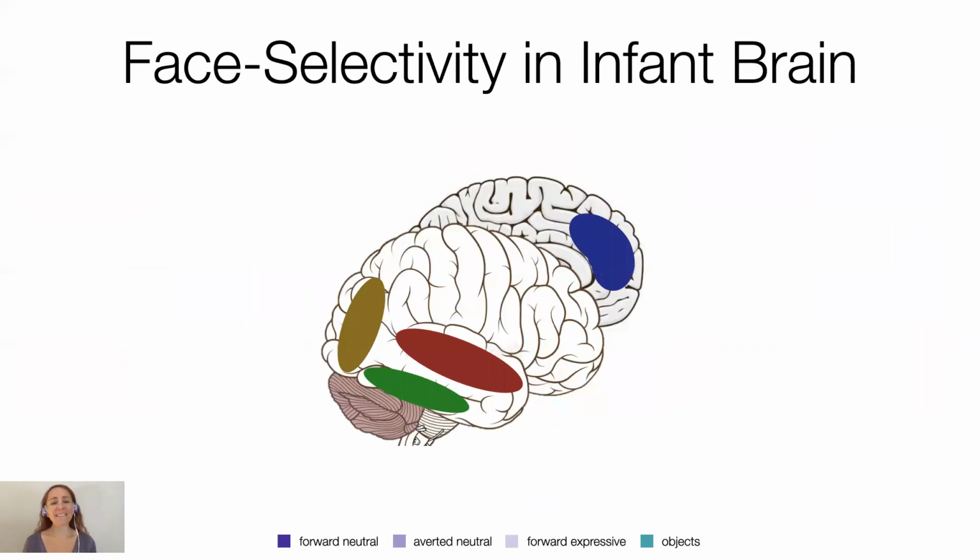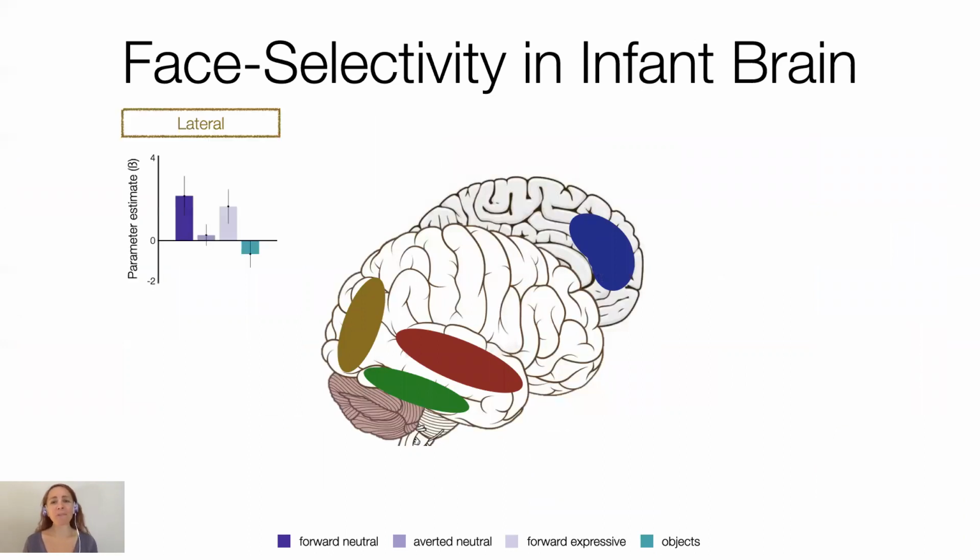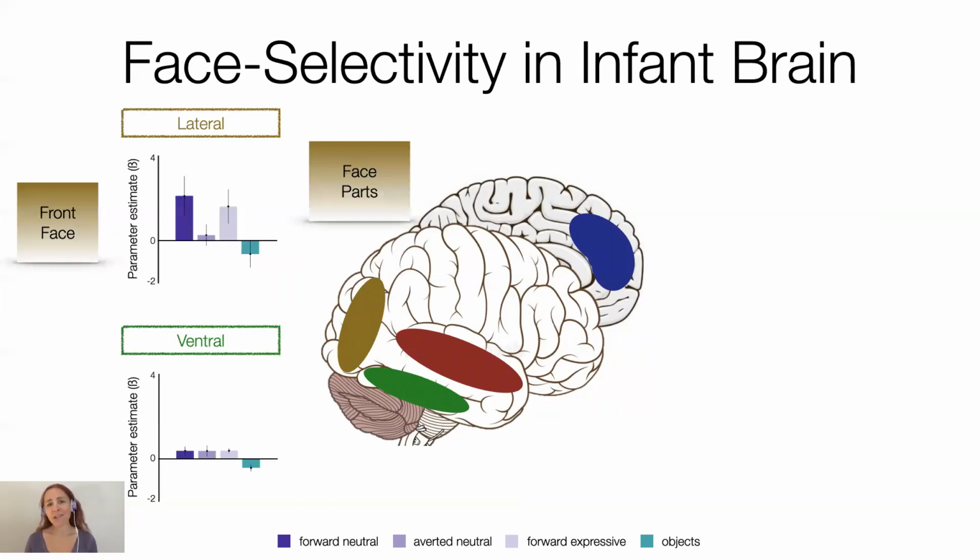All right, so the infant lateral face response preferred front faces, and the response to averted faces was similar to the response to objects, a response profile that may be consistent with processing face parts. In ventral temporal cortex, the face response generalized across viewpoints, a response profile that is consistent with the functional profile of adult face responses in the ventral temporal cortex.